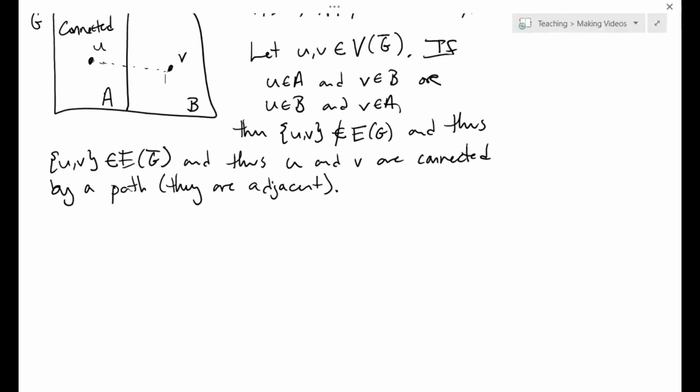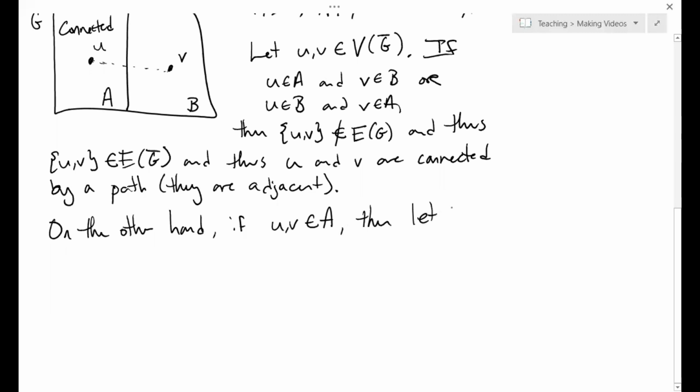On the other hand, if U and V are both in A, then let b be any element of B. And I can do that because B is not empty. Then the path U to b to V is in G bar, right?